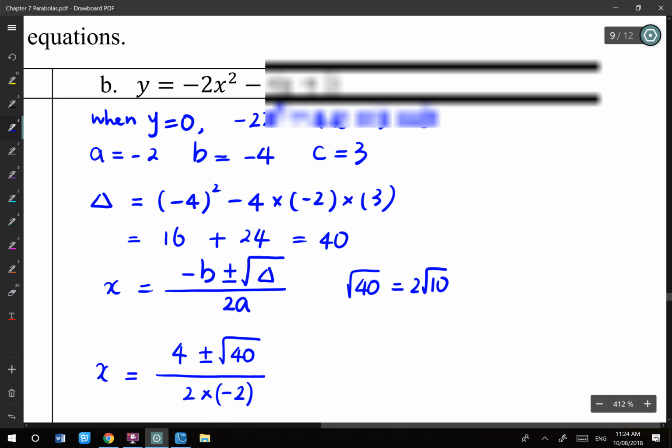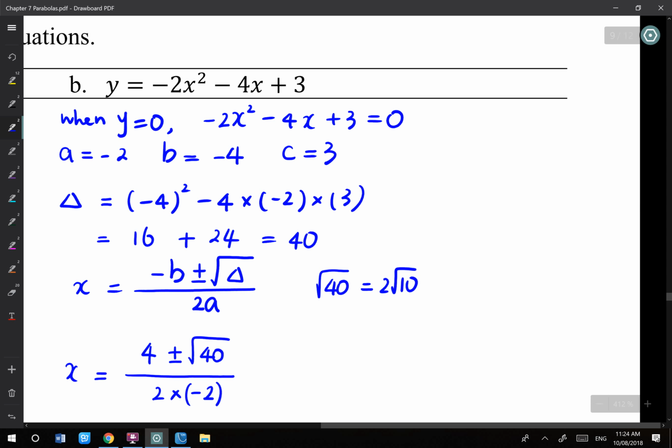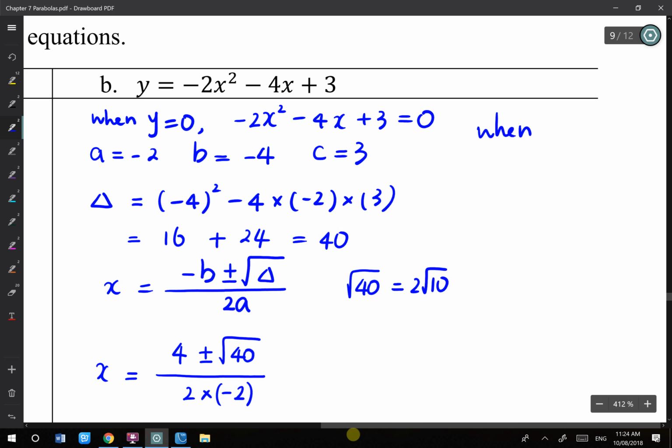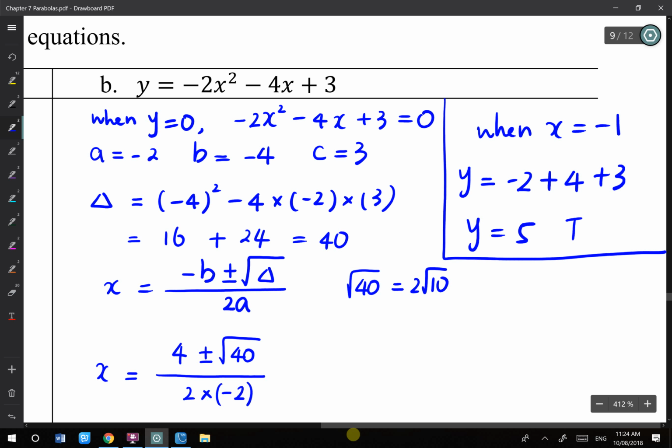Going back to the original step from last lesson, when x equals -1, y equals -2 plus 4 plus 3, y equals 5. So the turning point is -1, 5.